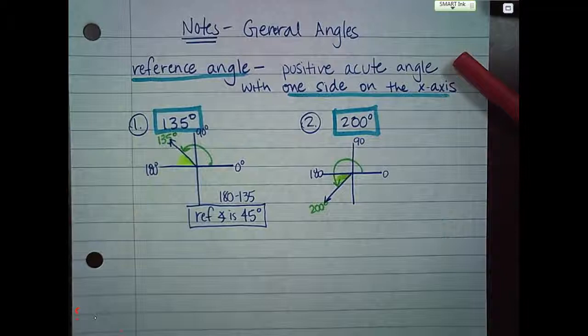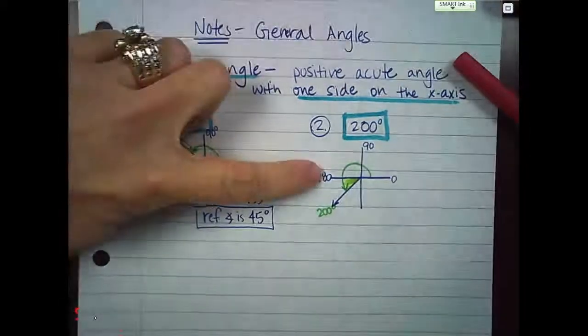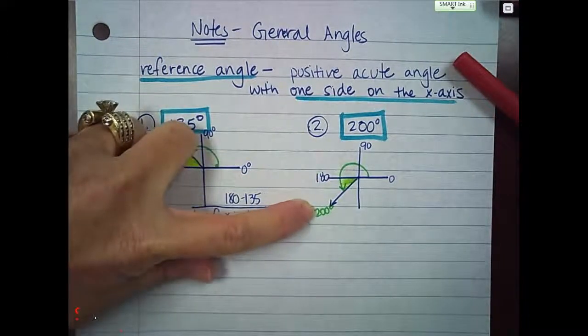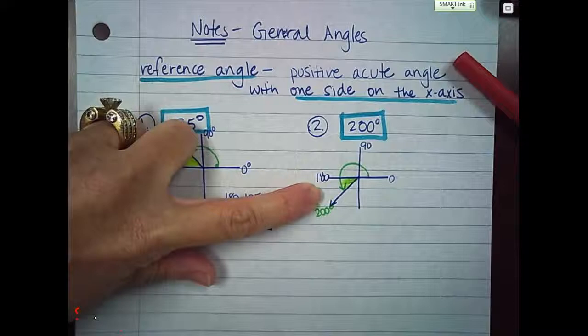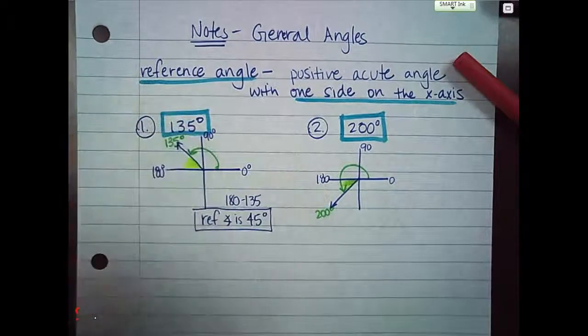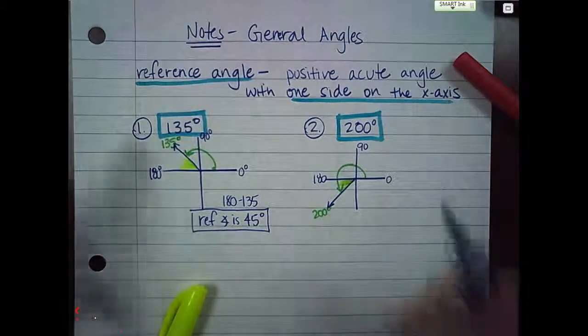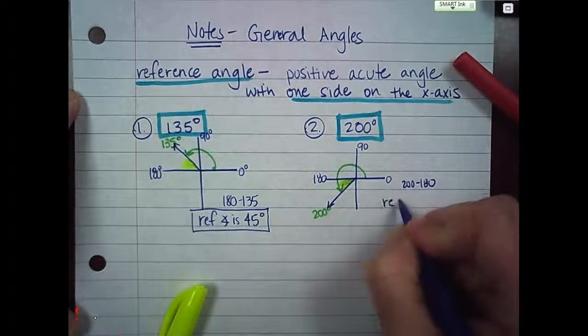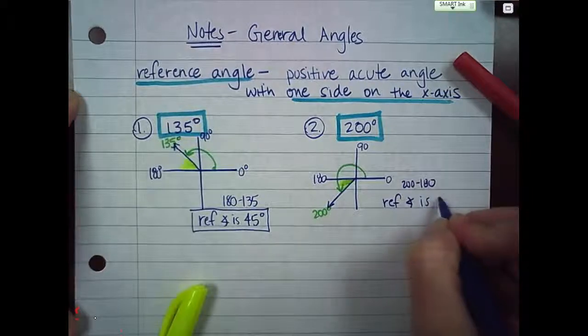Okay? Now, how are you going to find out how big that is? Use some common sense. If I'm at 180 here, and to get down to here I'm at 200, what is the shaded angle? How far past did I go? 20. Okay, if you aren't sure, then you can say, okay, 200 minus your 180. So your reference angle is 20 degrees.